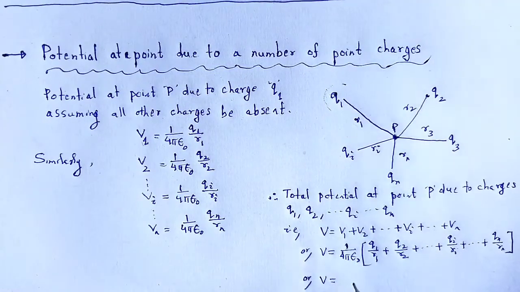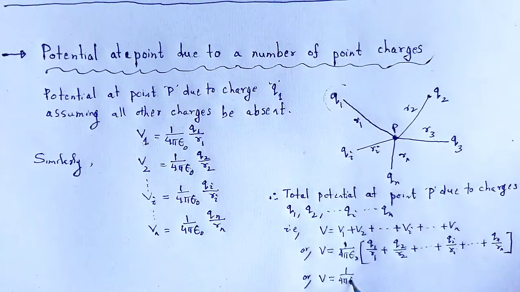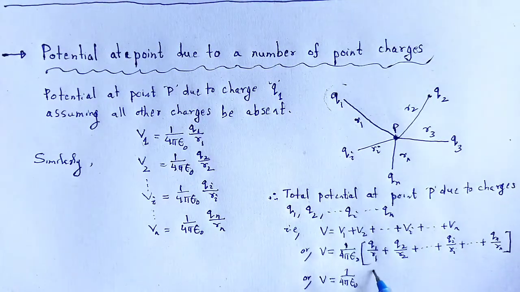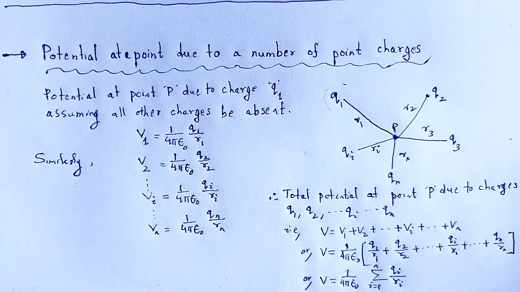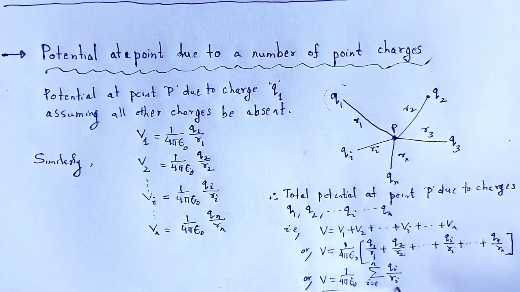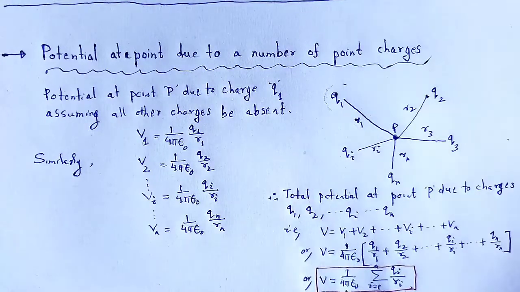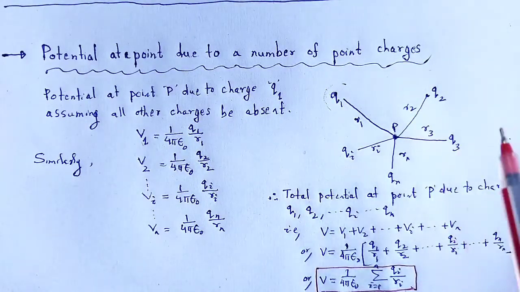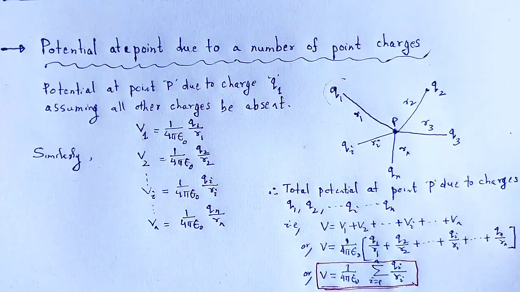So the total potential V is 1 by 4 pi epsilon naught summation over i equal to 1 to n of qi divided by ri, the total potential at point P due to a number of point charges distributed discretely.